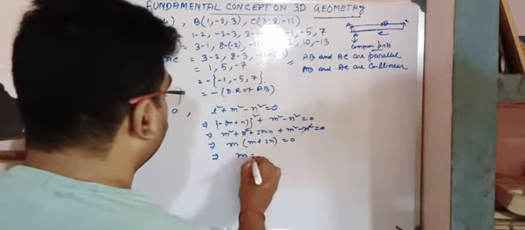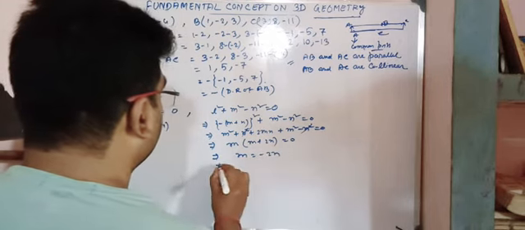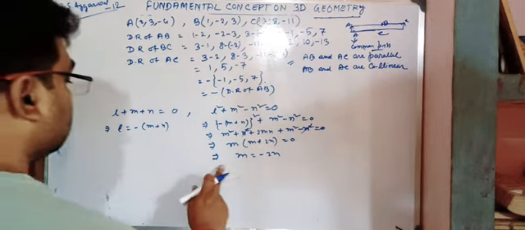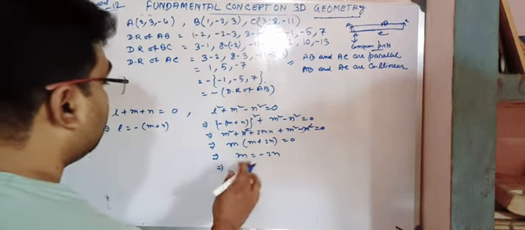So m = -2n. Understood that? So we can write here m = -2n.